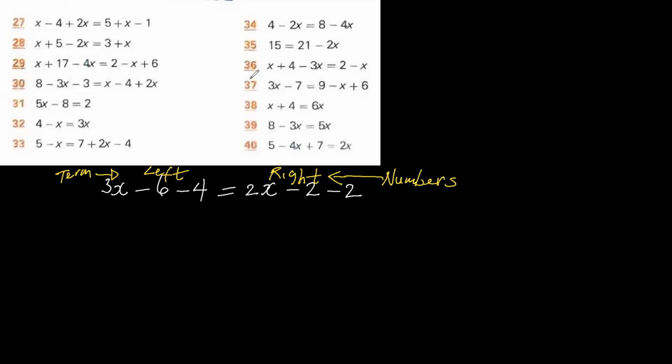Trinity, you're looking good, things looking nice, but you made a small error. You were supposed to change the sign of the 2 because it is still on the left-hand side, and you are moving it to the right-hand side.